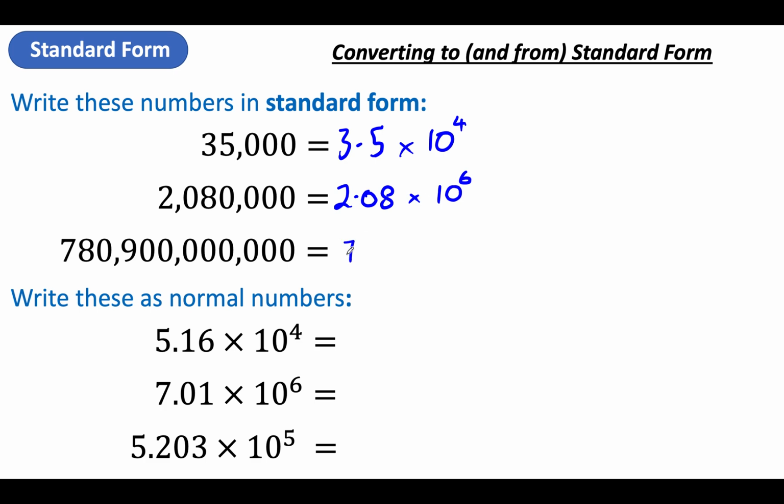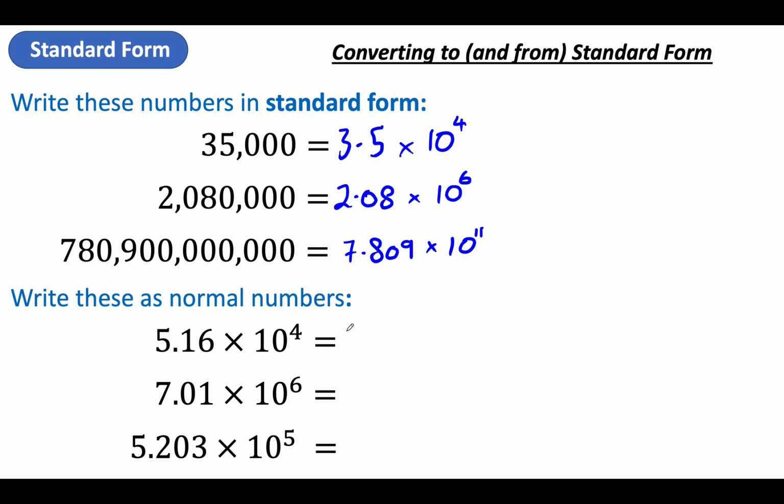And this one is 7.809 times 10 to the power of, let's go on, 1, 2, 3, 4, 5, 6, 7, 8, 9, 10, 11 places bigger. So 7.809 times 10 to the power of 11.